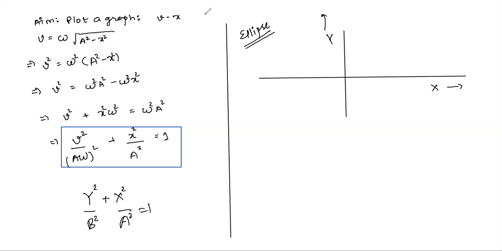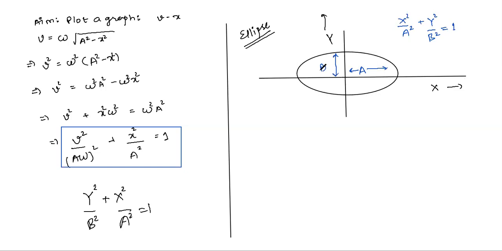or maybe I'll draw it here. This is how the equation of an ellipse is written: x square by a square plus y square by b square is equal to 1. So this is called the semi-major axis or a, and this is called the semi-minor axis or b.